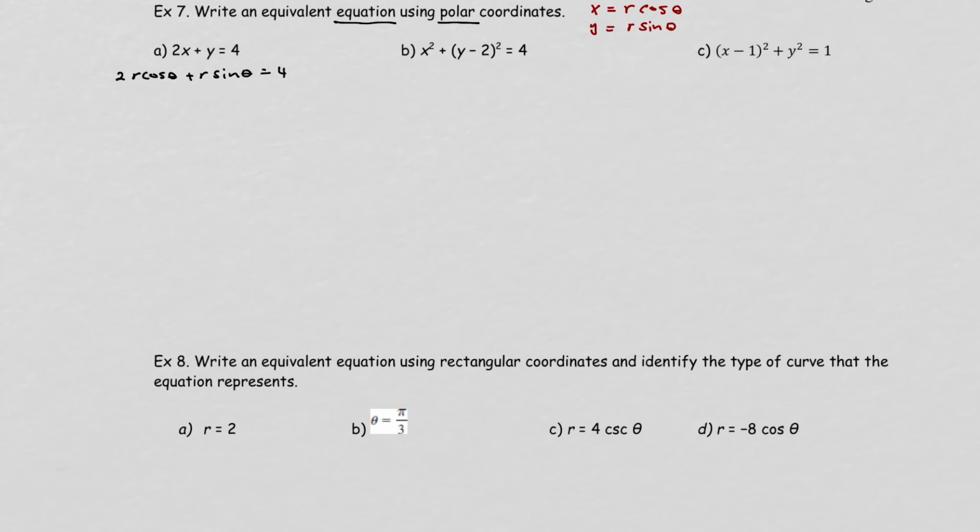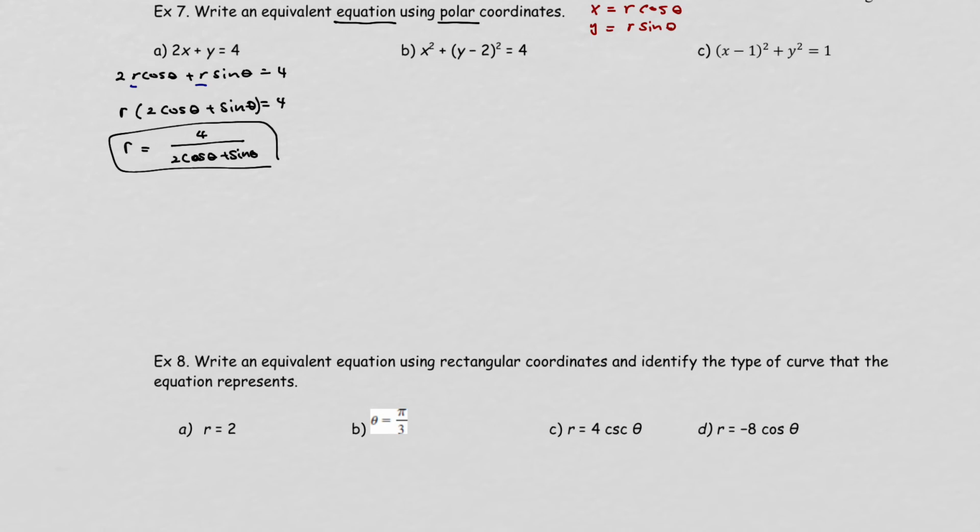And we wanted to factor out r because once we replace it, we wanted to solve for r. So then when we factor r, we have r times 2 cosine theta plus sine theta equals 4. And in order to isolate r, you divide both sides by 2 cosine theta plus sine theta. So that will be the polar equation.